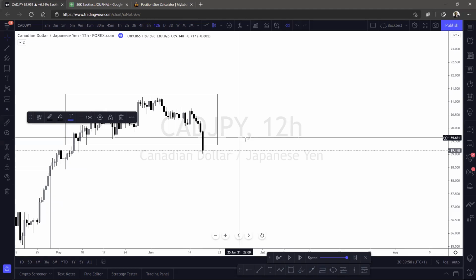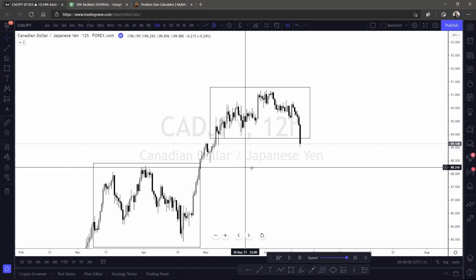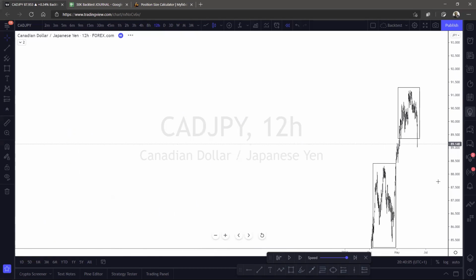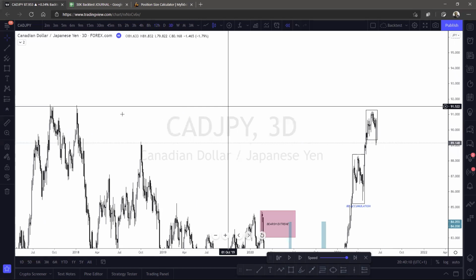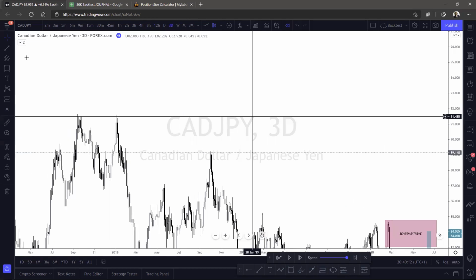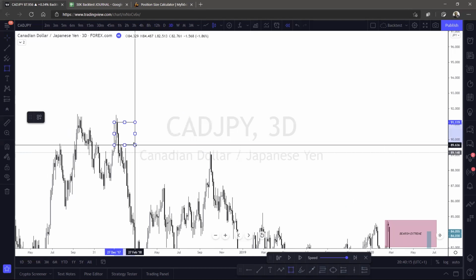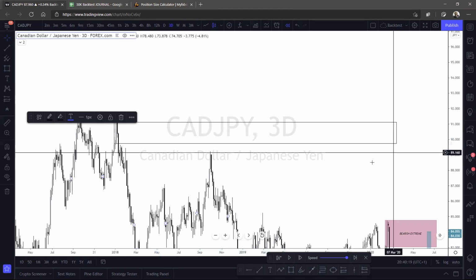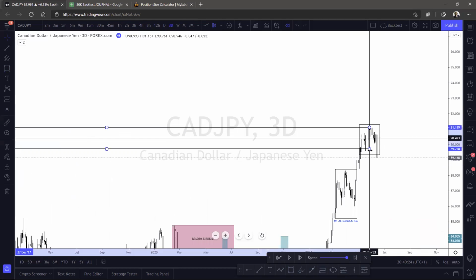So as I said, this distribution is not just anywhere. This distribution is into that 3D time frame here, right? So we can also look that up. And we can see it come right into it.